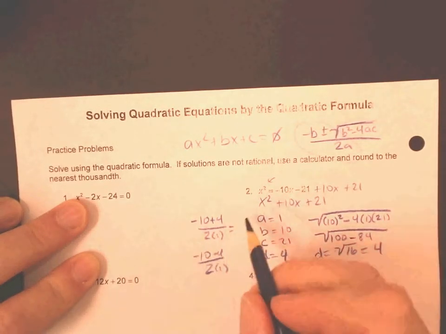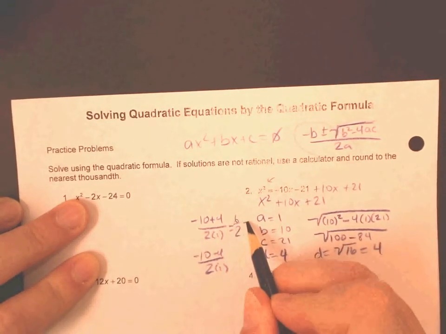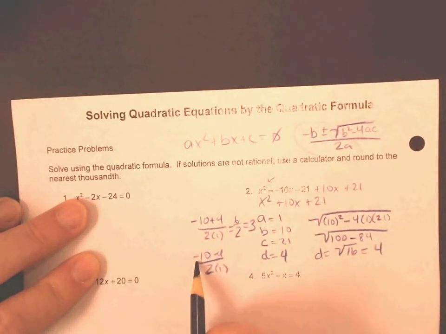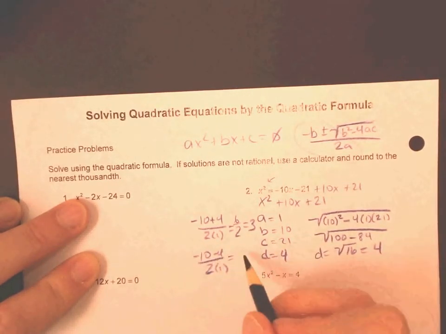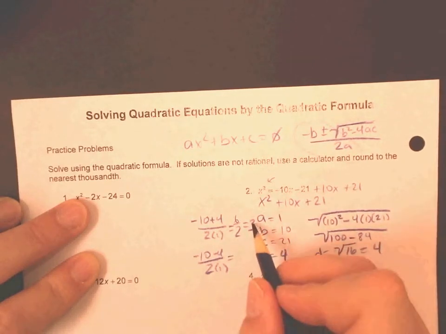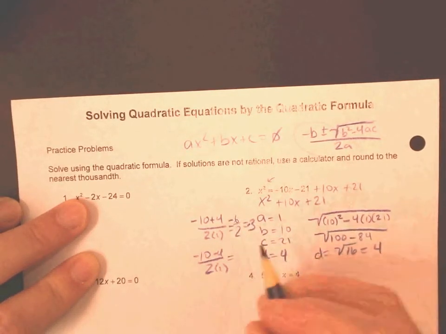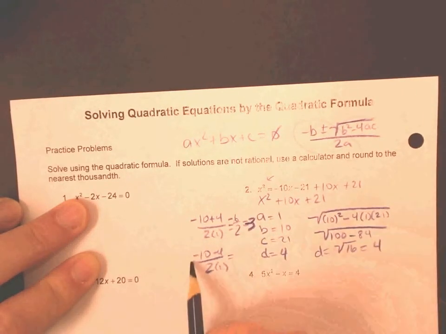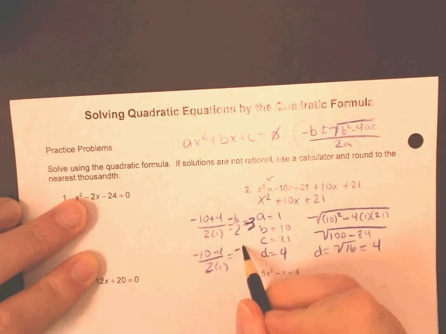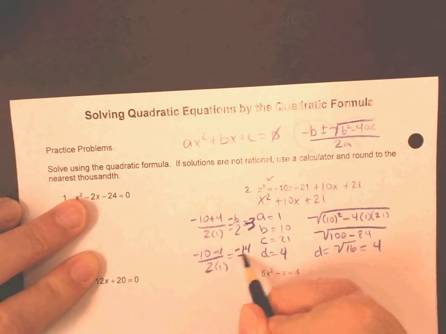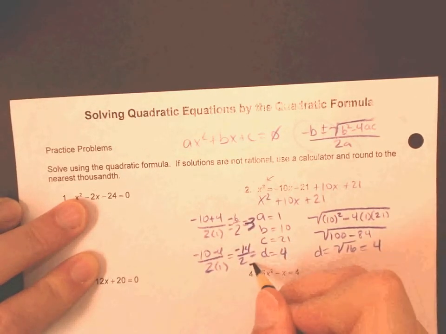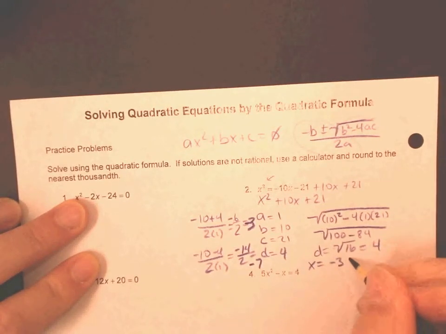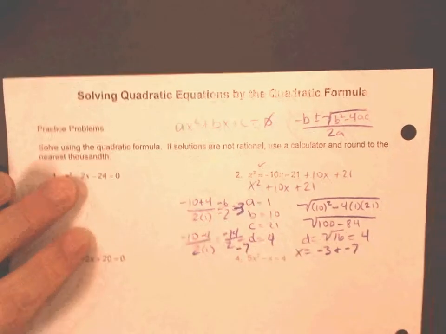In this case, negative 10 plus 4 is negative 6 divided by 2, so x is negative 3. Also, negative 10 minus 4 is negative 14, divided by 2, so it's also negative 7. So my solutions are x equals negative 3 and negative 7.